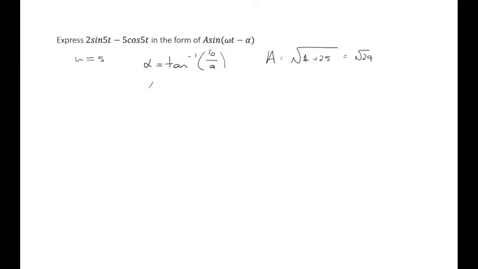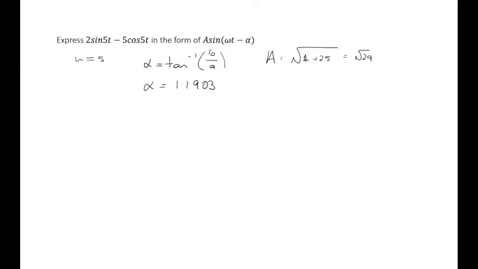Okay, back over here, alpha then must be equal to the inverse tan of now positive 5 over 2, and it gives us 1.1903.